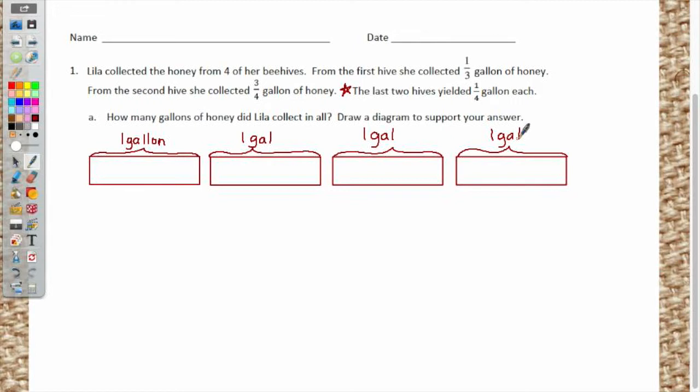Okay. So we got that much done? All right. So from the first hive, what did she collect? 1/3. So what will I divide my tape diagram into? 3 equal parts. And I'm going to shade 1/3.